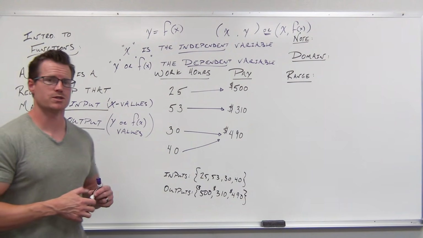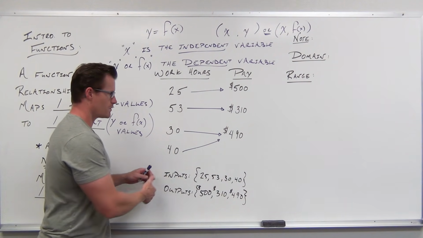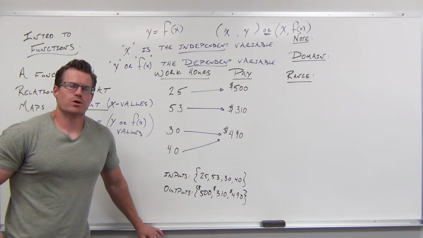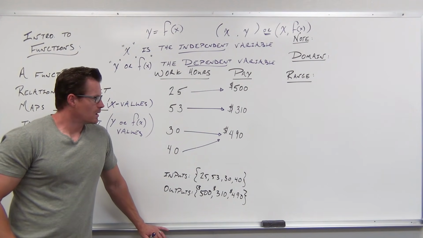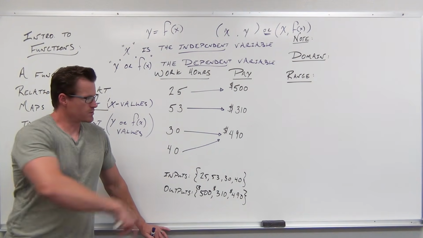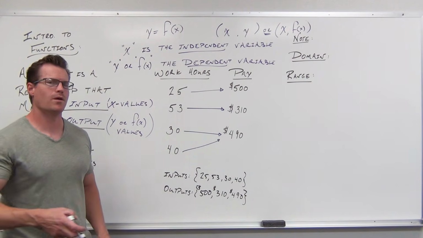And we're going to rename those in just a bit, domain and range. Now I'm going to change it. We're going to see if this is still a function. So let's say that we keep it exactly the same, and I add one thing.